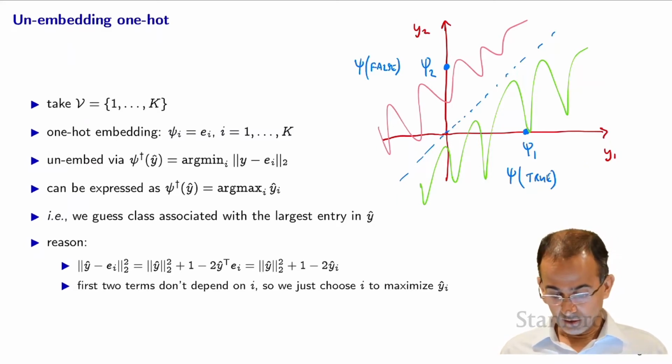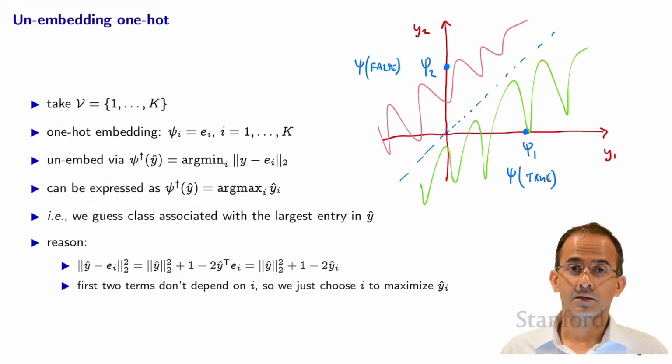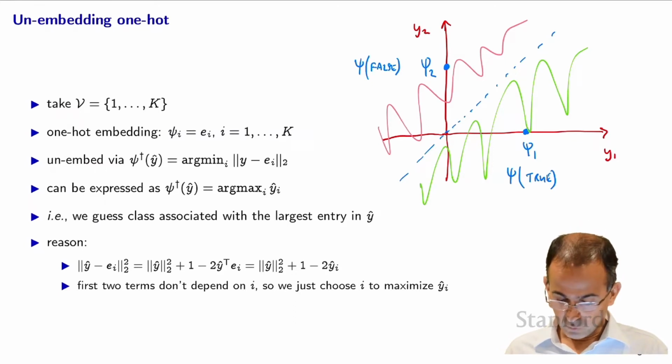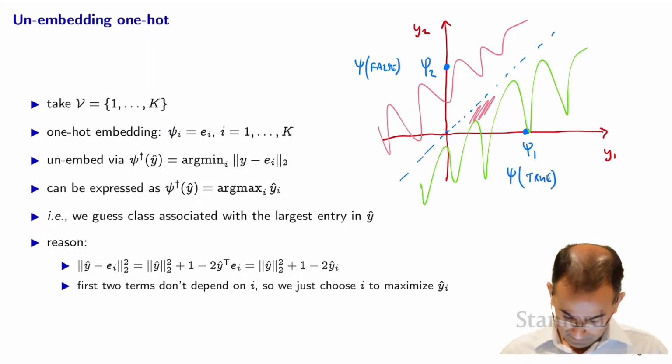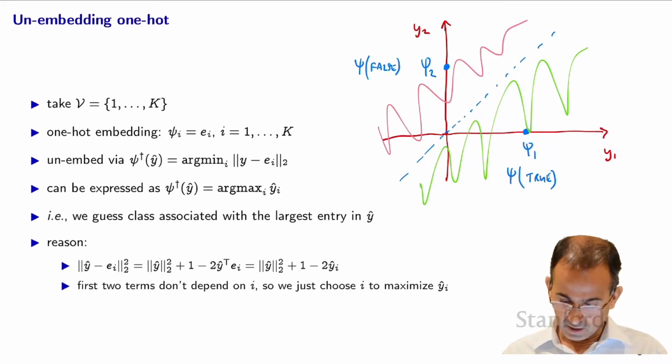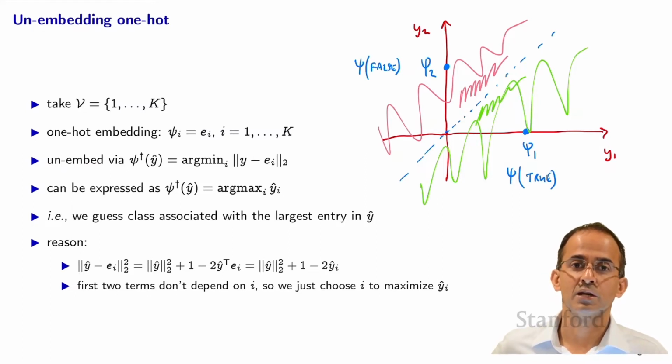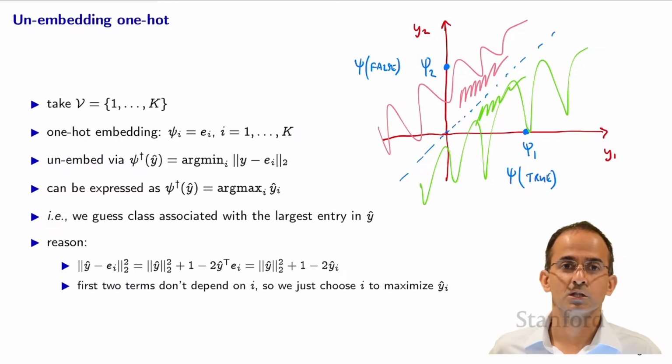And so here it's clear. All you do is you look at the two components of y hat 1 and y hat 2. And if y hat 1 is larger, then you're on this side of the plane. You're on this side of the plane. And if y2 is larger, well then you're on this side of the boundary between the two, which separates the region which belongs to psi1 and the region that belongs to psi2.